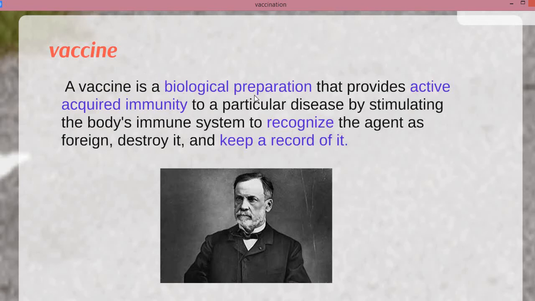First of all, it's a biological preparation and it produces active acquired immunity to a particular disease by stimulating the body's system to recognize the agent, and it also helps the body's immune system to keep a record of it as well.